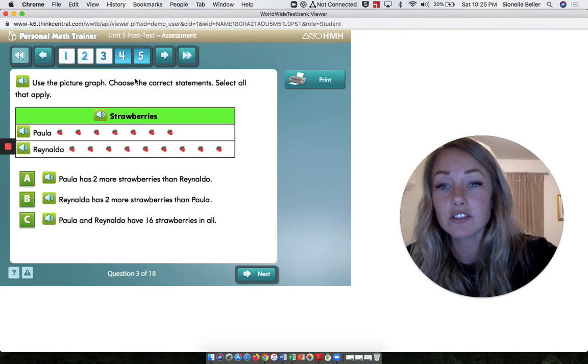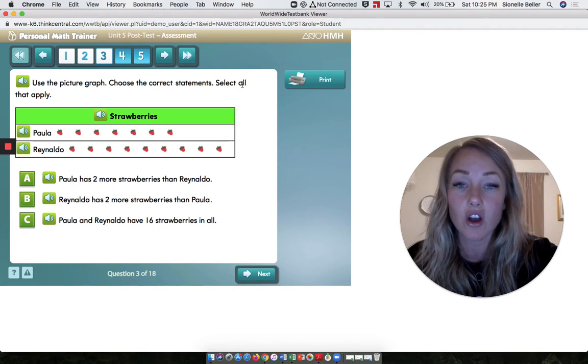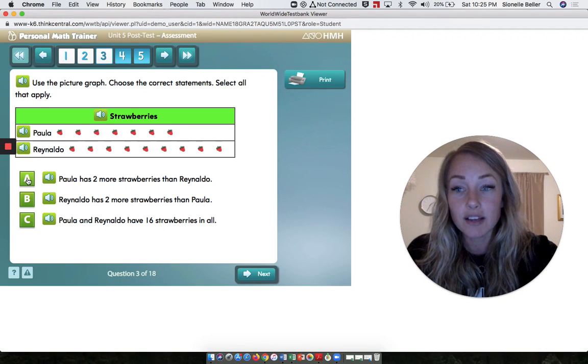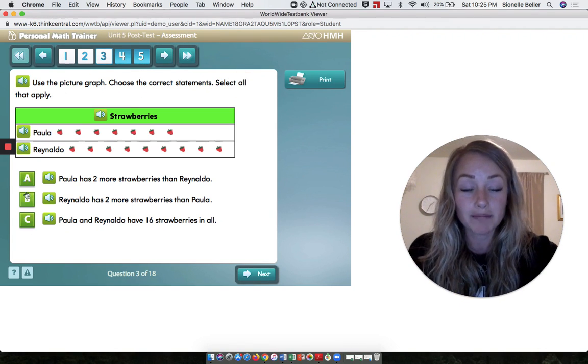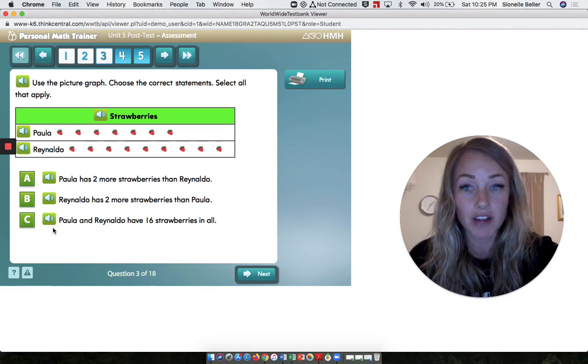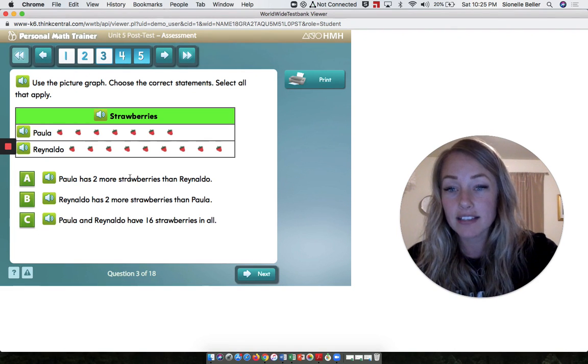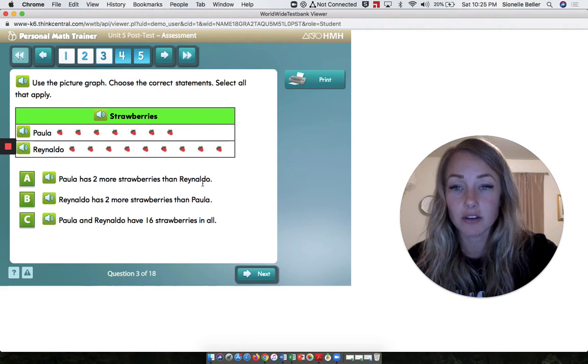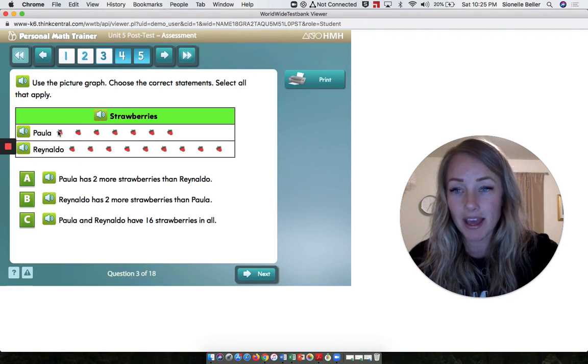Now this one says choose the correct statement. Select all that apply. So that means we can choose more than one. Okay, there might be a couple that are correct. So let's see. Paula has 2 more strawberries than Reynaldo. Well, we need to count how many each of them have. Paula has 1, 2, 3, 4, 5, 6, 7. And Reynaldo has 1, 2, 3, 4, 5, 6, 7, 8, 9.